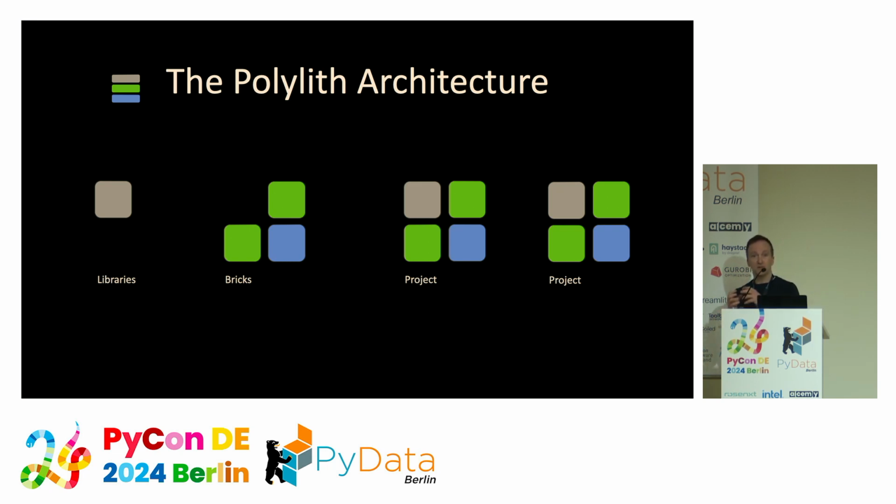And a project is the actual thing that you want to deploy somewhere, like your service A and your service B. So in Polylith, you have one or several projects picking the bricks that they need to make sense of that service. That's the architecture from a high level.